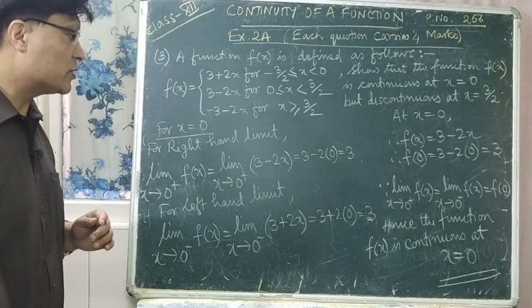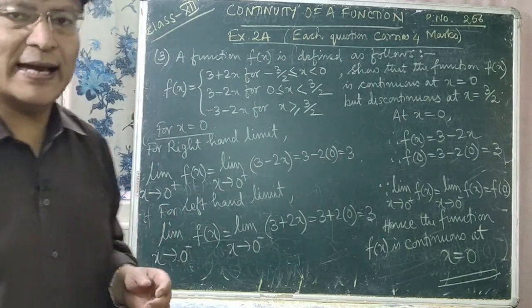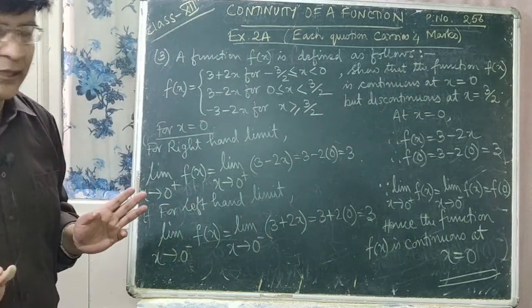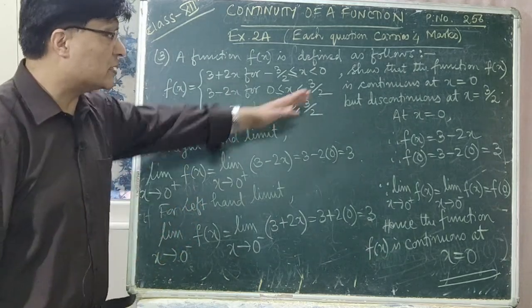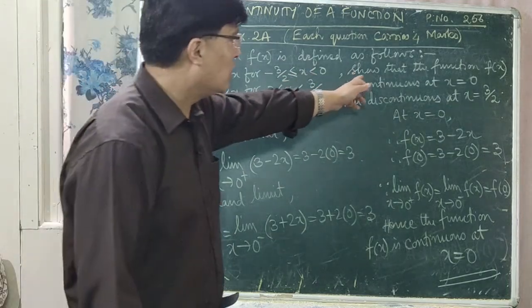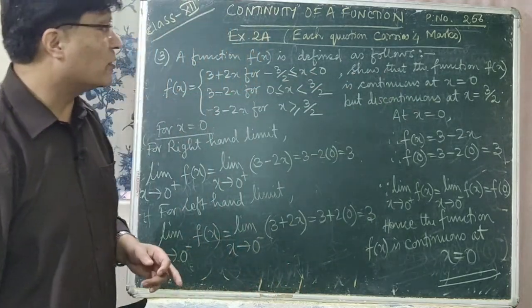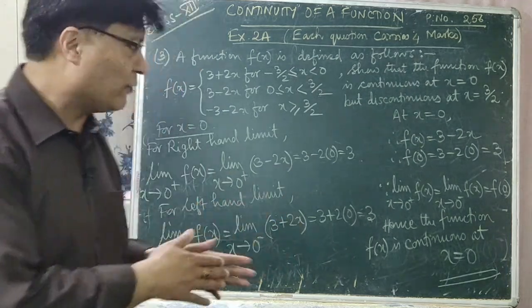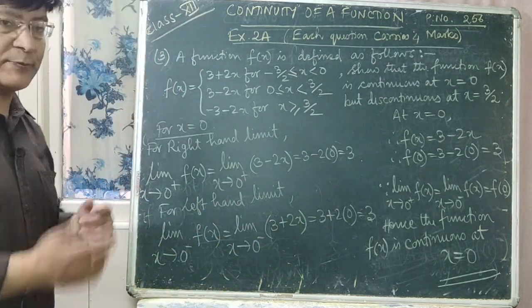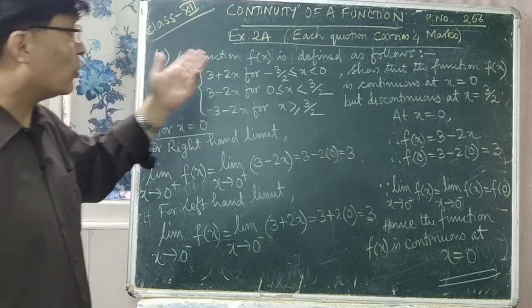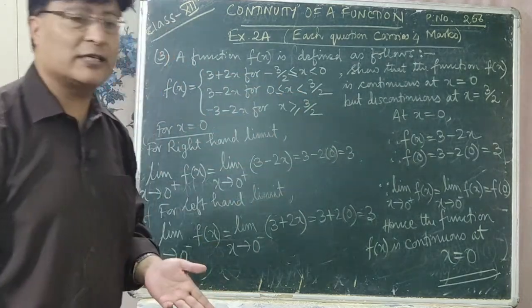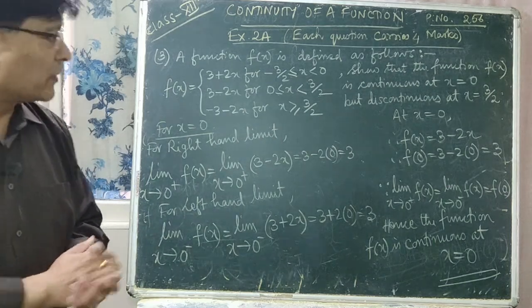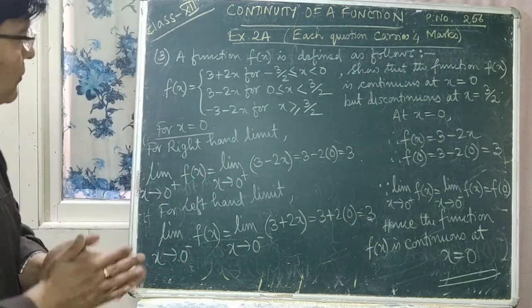So I think you have understood it. So you can copy it. This is the first part of this question. We have shown that the function f of x is continuous at x is equal to 0. So you first copy it. Now we'll do the next part. That is, we have to prove that the function f of x is discontinuous at x is equal to 3 by 2. Okay, so copy it.